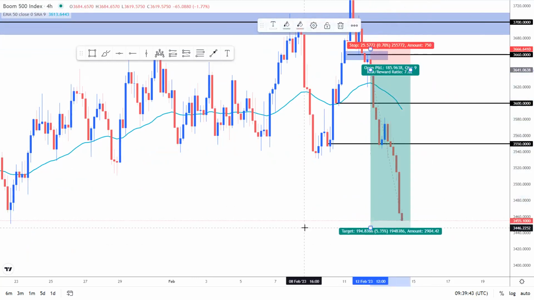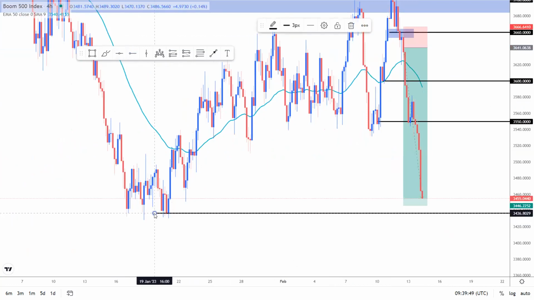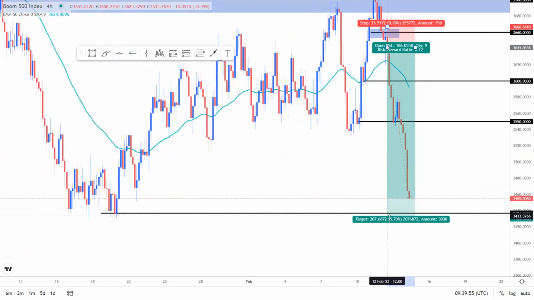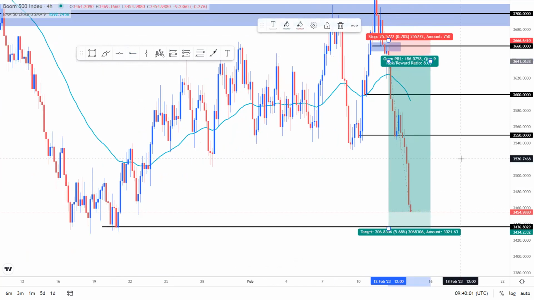All I'm looking to do is for price to come back to the daily swing lows. And then I would look to see how price reacts off the daily swing low. Then if I get a nice 4-hourly bullish engulfing candlestick close from the retest of daily lows, I would close my remaining positions on 500 index.